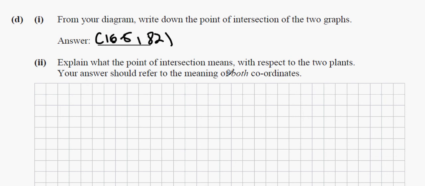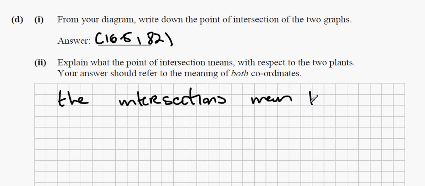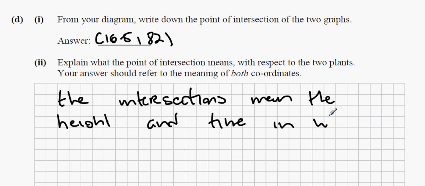Now explain what the intersection means with respect to both plants. The intersection means the height at which, and the time taken for, both plants to be the same height. The height and time in which both plants have equal heights.